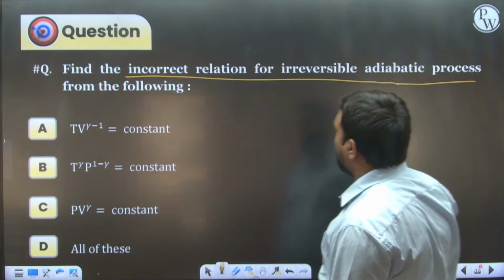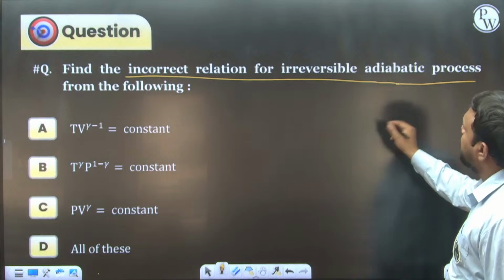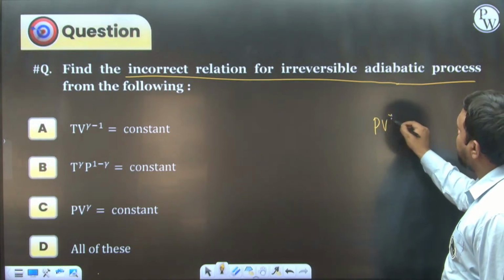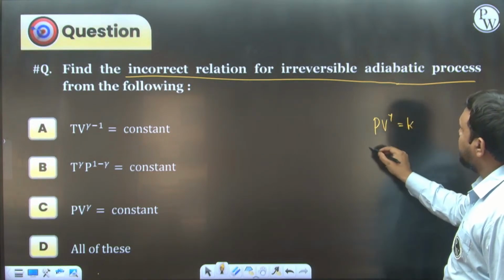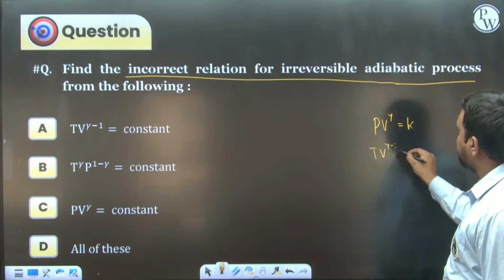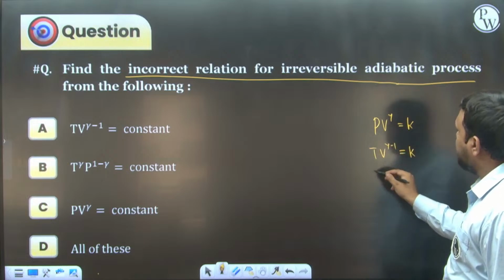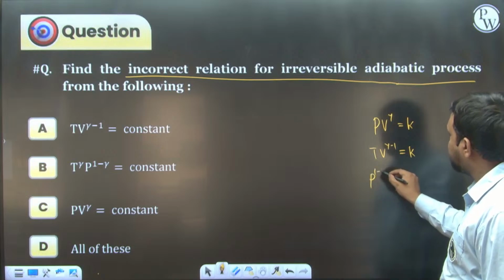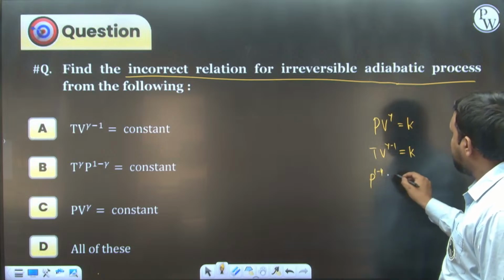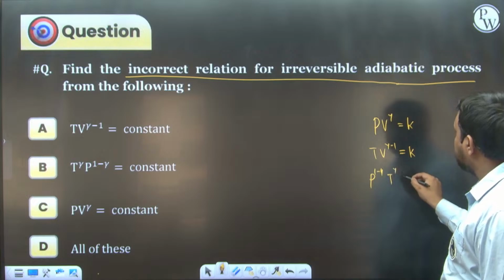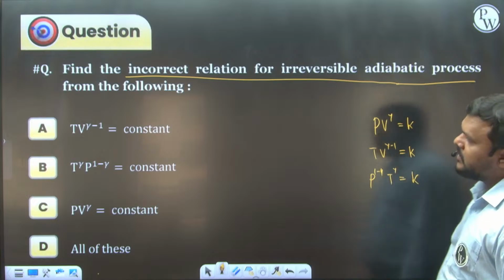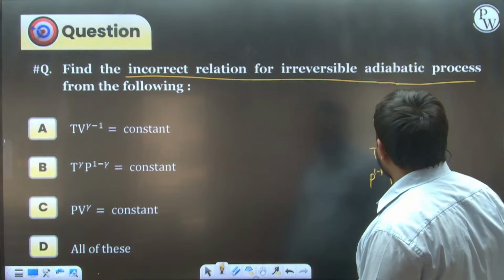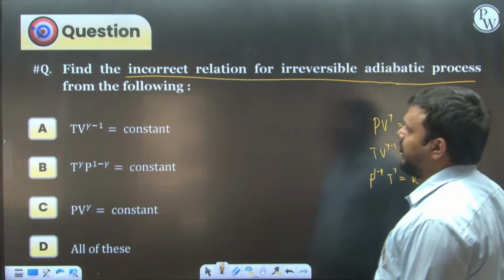I already told you that the three equations, PV power gamma is equal to K, TV power gamma minus 1 is equal to K, and the third equation, P power 1 minus gamma, T power gamma is equal to K, are all only for reversible adiabatic.